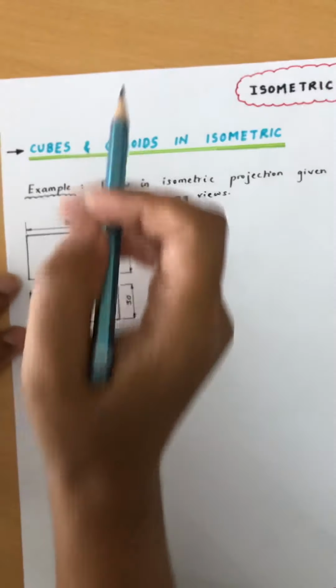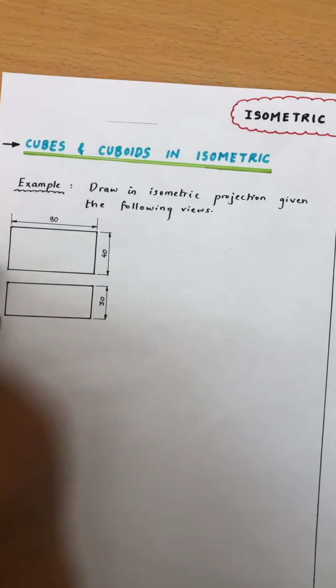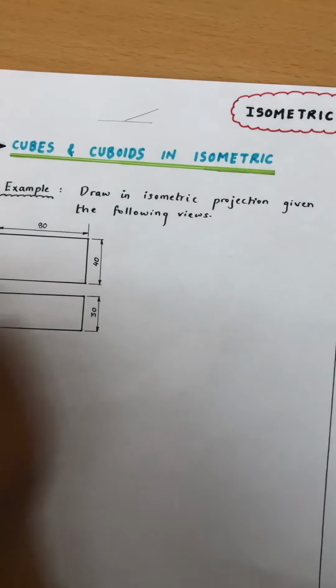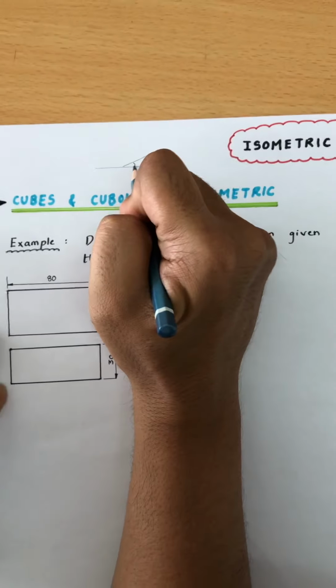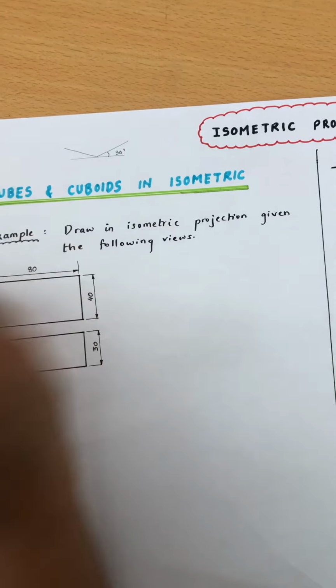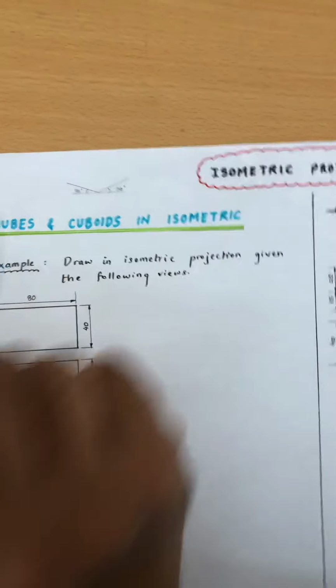That is, if this is a horizontal line, the line of depth will make 30 degrees with the horizontal, and the width will make 30 degrees as well with the horizontal.